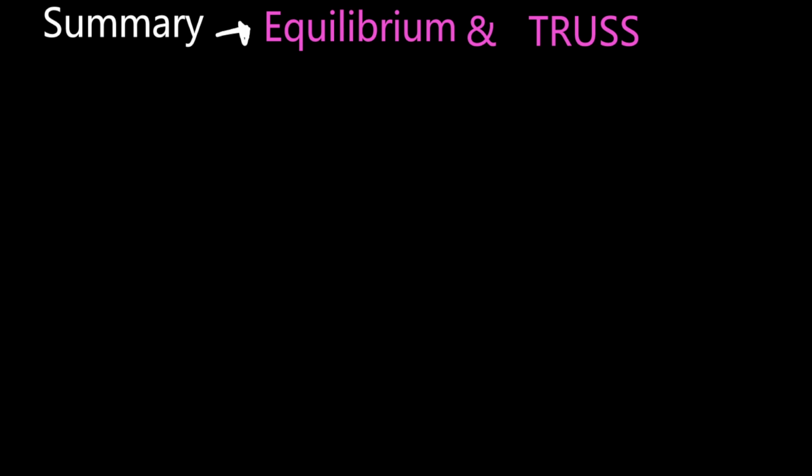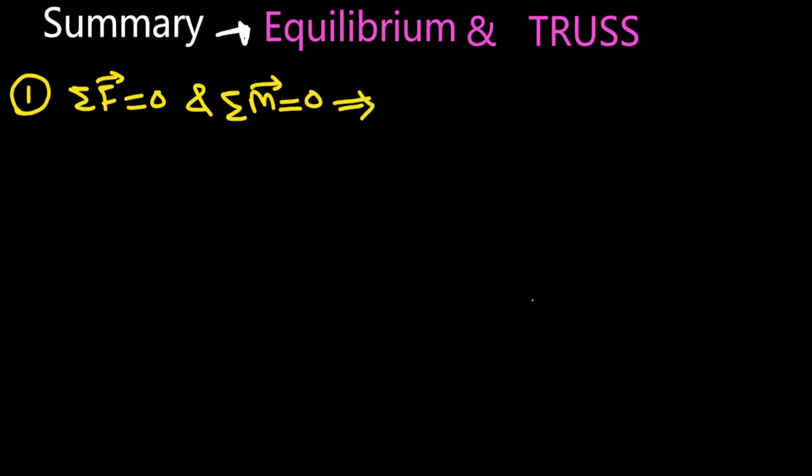I will just write down the most important things we learned from the last video. The first thing was the equilibrium condition, that is net force is equal to 0 and net moment is equal to 0. In that case the body will be in equilibrium.